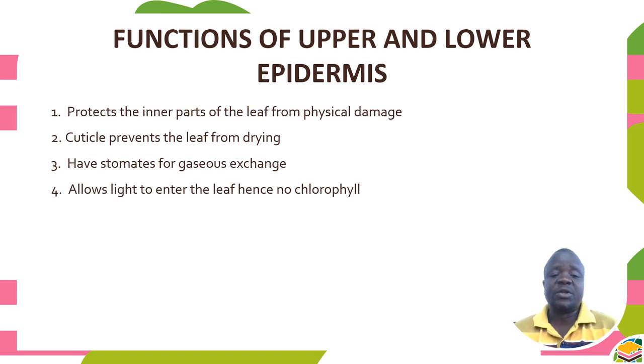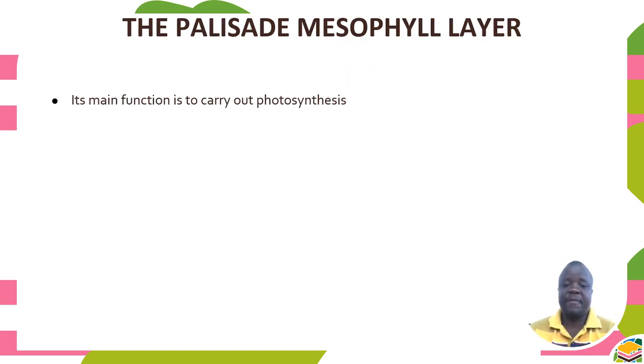They have a cuticle, which prevents the leaf from drying by minimizing water loss. They have stomates for gaseous exchange. The lower epidermis allows light to enter the leaf because it has few, almost no chloroplasts, so this will allow light to enter the leaf.